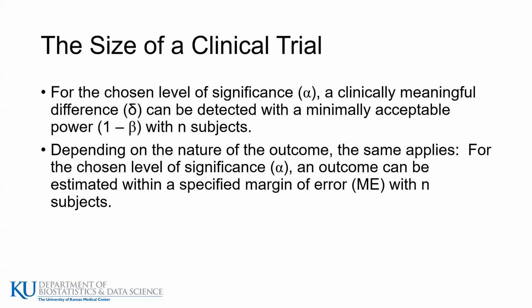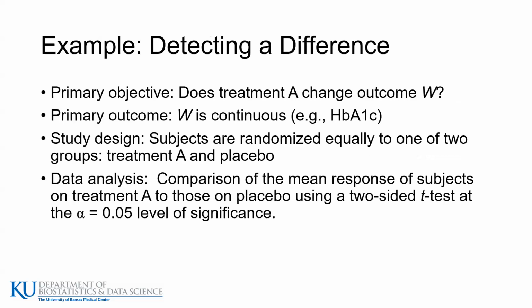Depending on the nature of our outcome, we want to choose a level of significance, and then also an outcome that can be estimated within some margin of error, given some sample size.